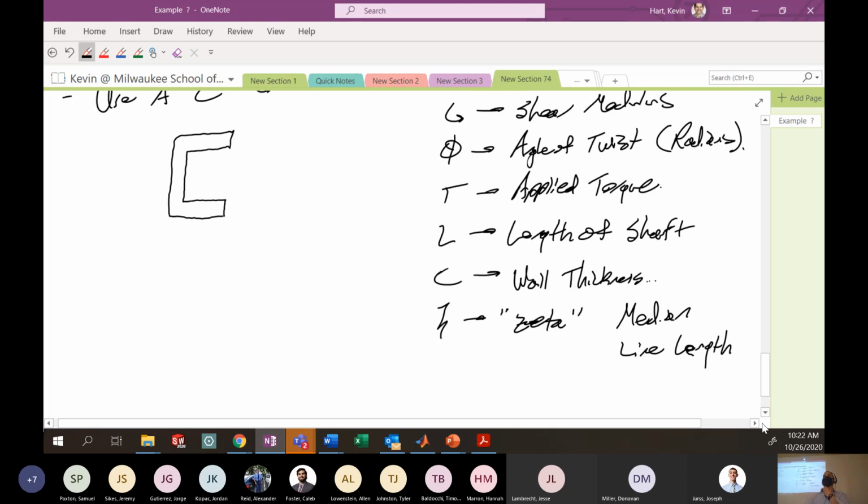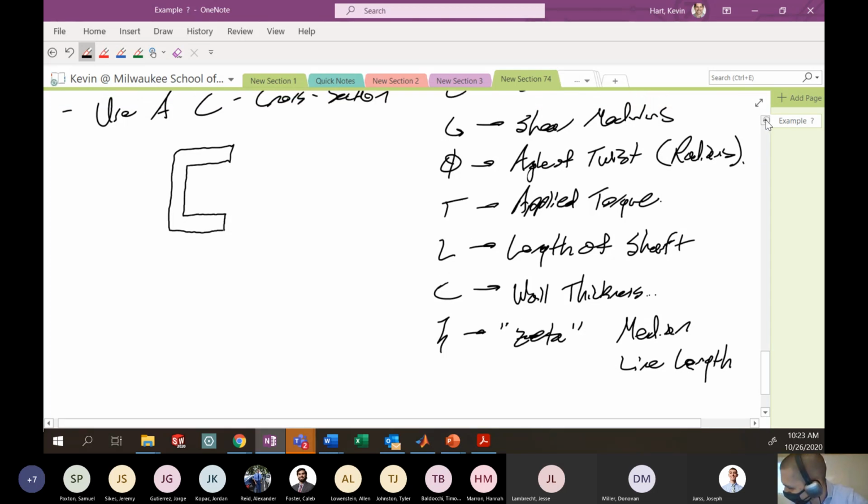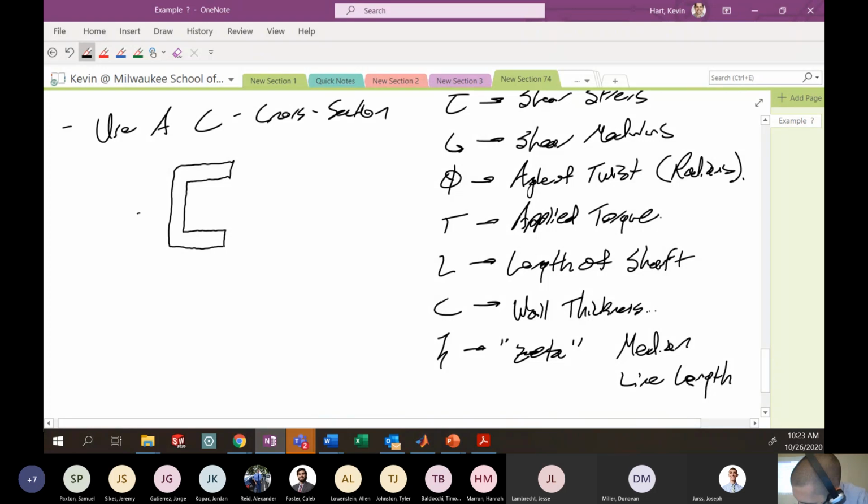The median line length is sort of what it says that it is. It's the length of the line that defines the middle of the thickness of the cross section throughout the entire cross section. What do I mean by that? If we looked at the C channel cross section here, the wall thickness we've already defined as the variable little c.